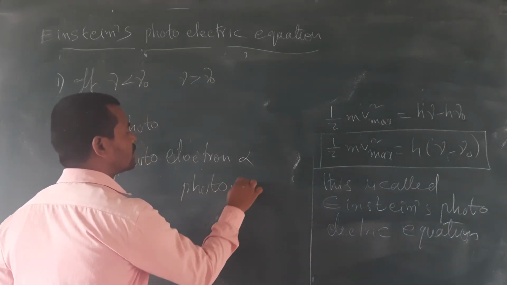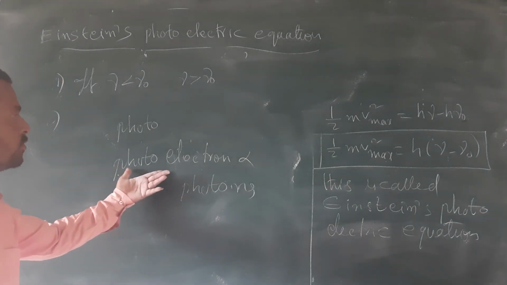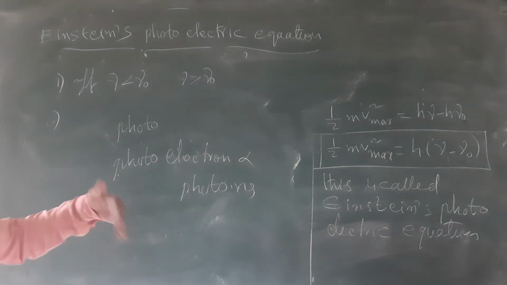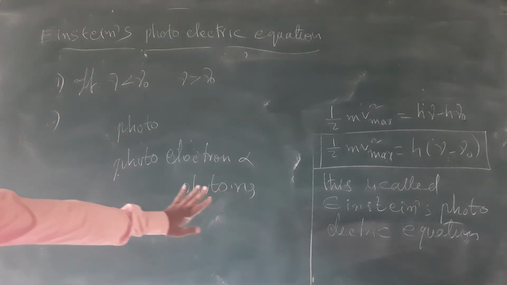When photons are more, photoelectrons are also more. More photons can produce a greater number of photoelectrons. So that is the meaning of this.